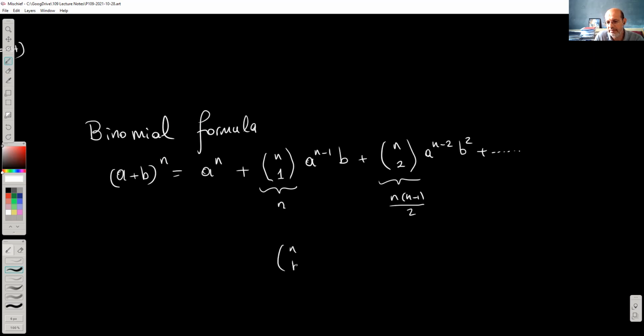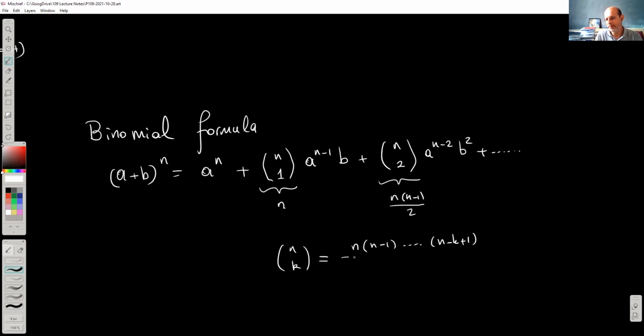So n k combination is this. Basically, it is n factorial divided by k factorial times n minus k factorial. Or if you want, you can write it down like this. I'm going to write this thing down as the product of k successive numbers that end up at n, right?